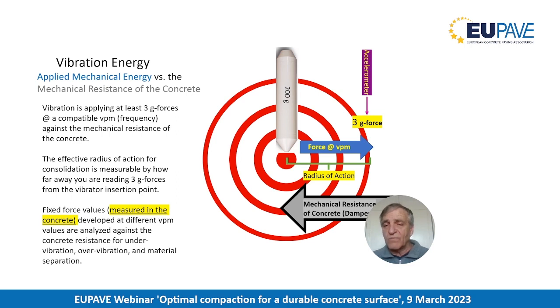And we just measure it. We don't have to worry about the radius of action or spacing; we just take a measurement. We know it's 200 Gs, and we take an accelerometer and measure it. It helps us understand the mechanical resistance of the concrete and what's workable.